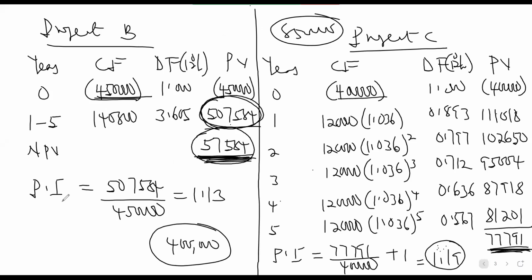Sometimes you can invest the surplus amount. The question will say that any surplus amount can be invested or can be used to buy equipment that will give you a cash flow of this. So you find the NPV of that particular cash flow. Or they can say that any surplus amount will be invested at this rate.